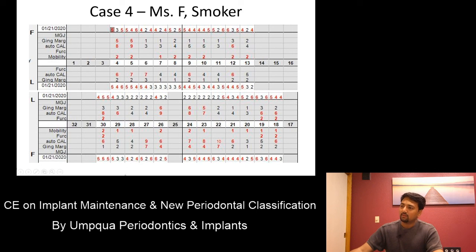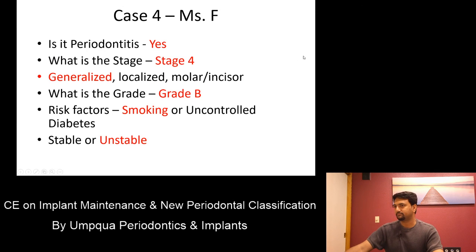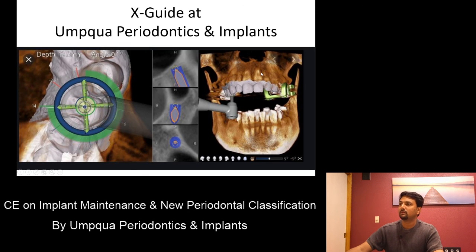Bleeding on probing, yes, this is an unstable case, which means she needs treatment. If it's a stable case, of course, they would need just perio maintenance. Okay, so that's my diagnostic statement.